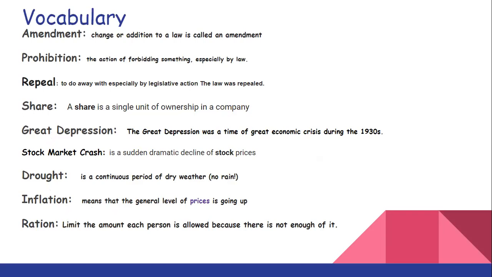Those prices look like they're going up. Now, we don't have any government rations right now, but we do know that when we go into the store we can't buy as much toilet paper as we want, that they're limiting the amount each person is allowed to buy. That way all of us can get some.